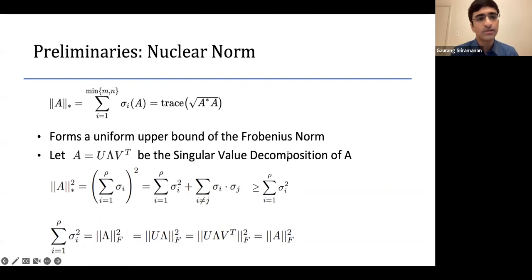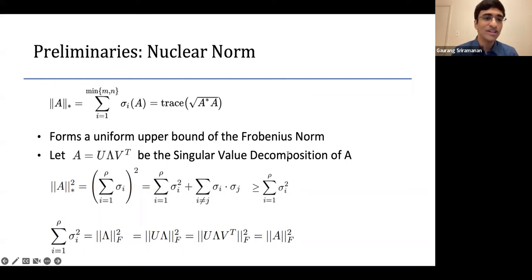And we use the property that singular values of a matrix are always non-negative. Thus, if we remove the cross terms from the sum, we get a lower bound, which is just the sum of the squared singular values themselves. And crucially, we see that the sum of the squared singular values is equal to the Frobenius norm of the singular matrix lambda.